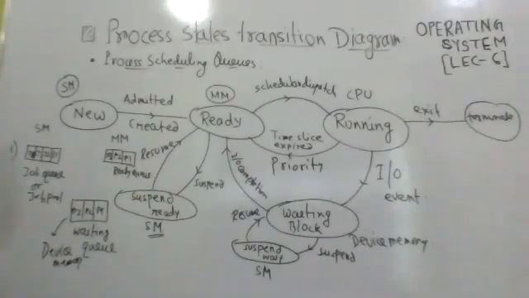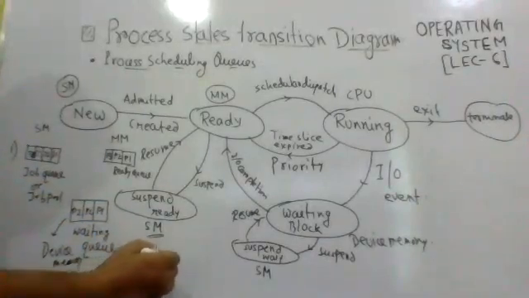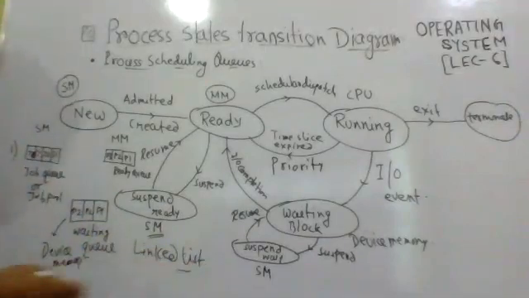These queues can be implemented using a linked list. So there are three types of queues.